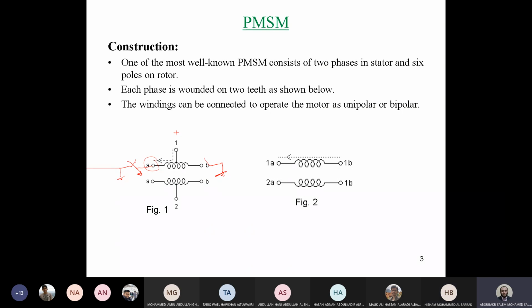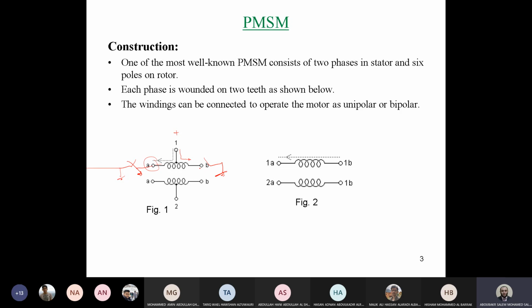If we open this switch and close the other one, the current will flow in the opposite direction, like that. Which means the terminal A will receive the current, and the same is also true for terminal B. For that, the tooth at end A and the tooth at end B will see the same direction of current, which means they will see the same direction of flux as well.